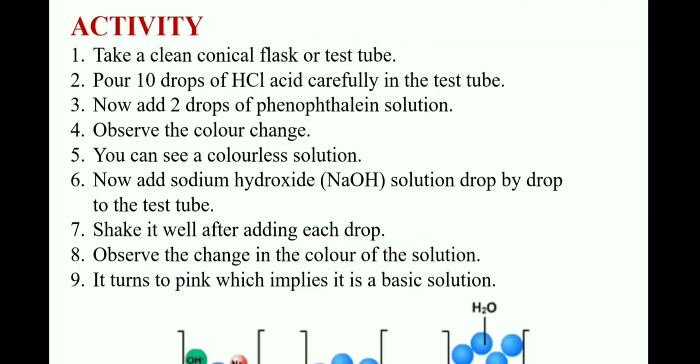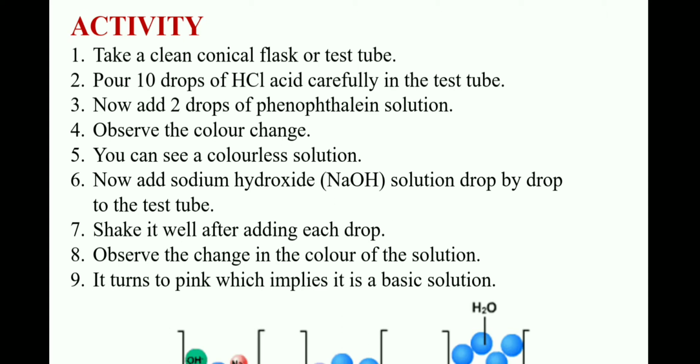Let us perform an activity to know about neutralization reactions. Take a clean conical flask or test tube. Pour 10 drops of hydrochloric acid carefully in the test tube. Now add 2 drops of phenolphthalein solution.